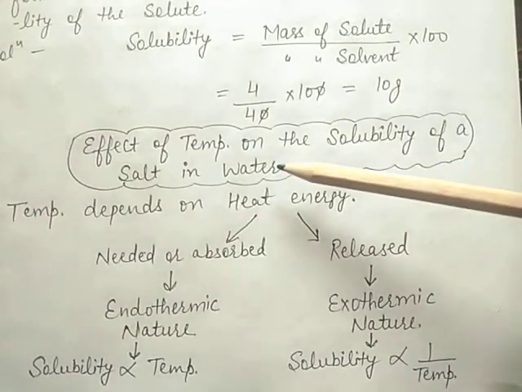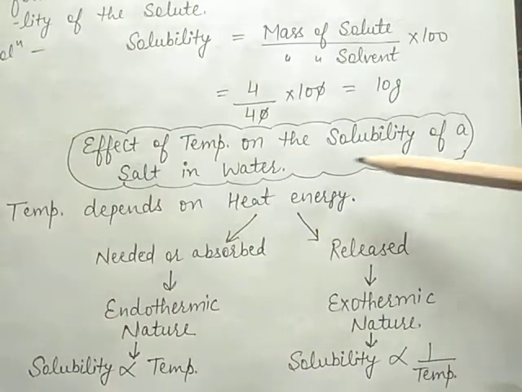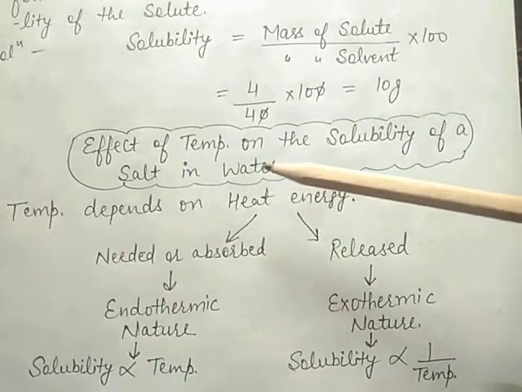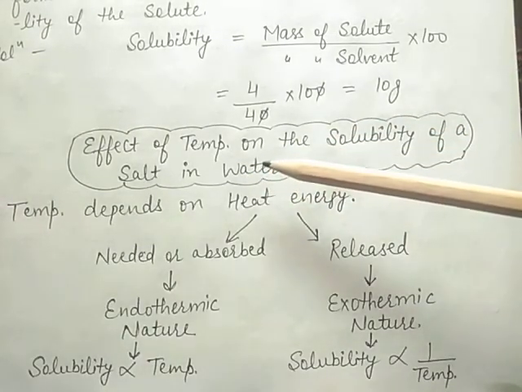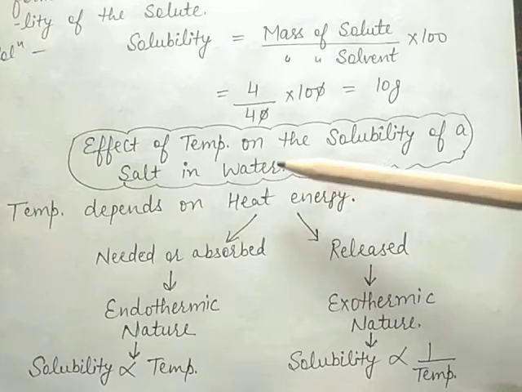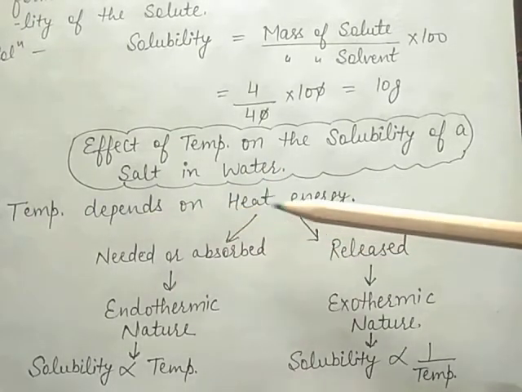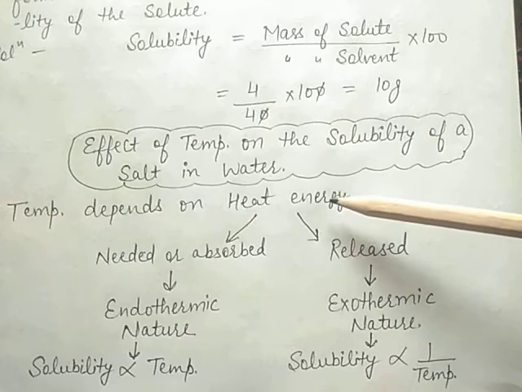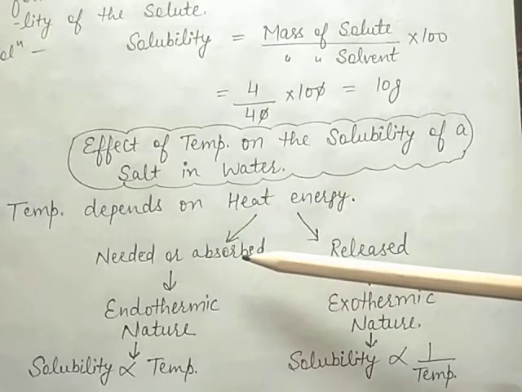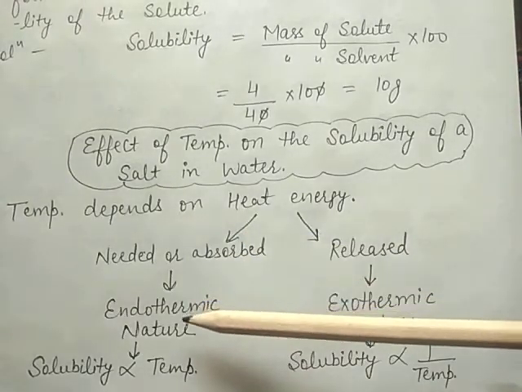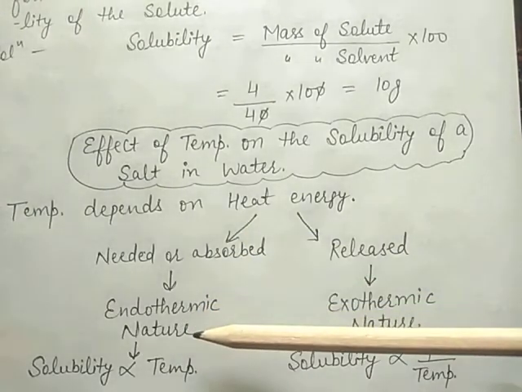Now next topic is effect of temperature on the solubility of a salt in water. How does the temperature affect the solubility? Temperature depends on the heat energy. If the heat energy is needed or absorbed, then it shows endothermic process.